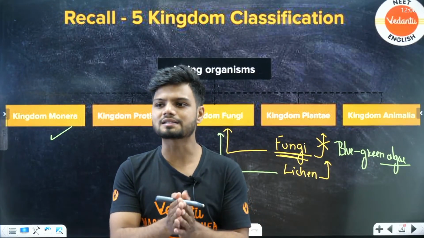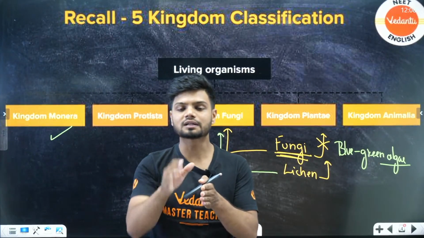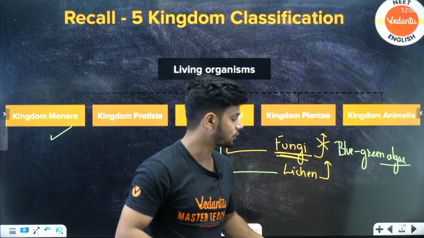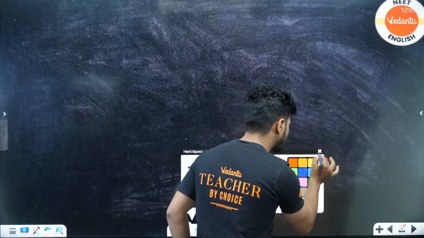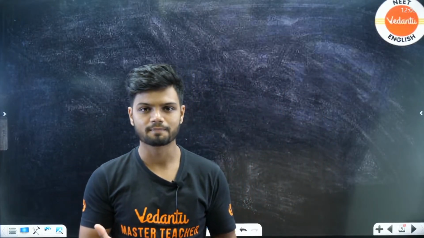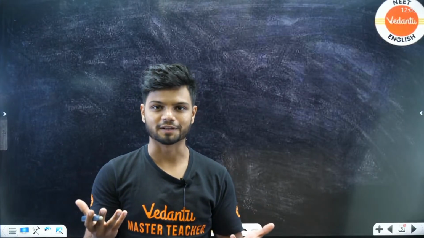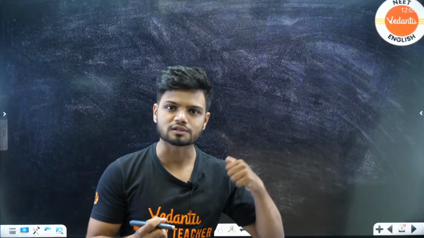So before we understand kingdom Plantae, I want everyone to understand something called classification. Now tell me, in the ancient times, in the starting stages of the earth, when the humans were evolving, do you think they classified plants based on the internal structure?